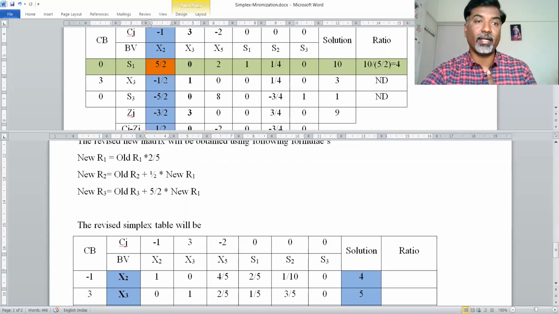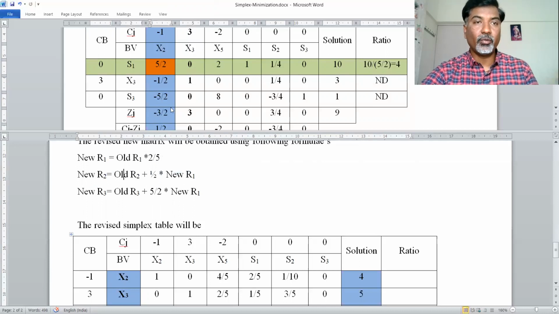I have to add 1 by 2 into the new row value. The new row value is 1, and 1 into 1 by 2 is nothing but 1 by 2. So minus 1 by 2 plus 1 by 2 is equal to 0. So what is the row formula? To obtain the new value for row 2, you have to add 1 by 2 into new R1 plus old R2.